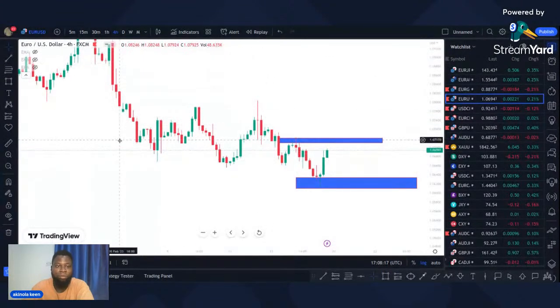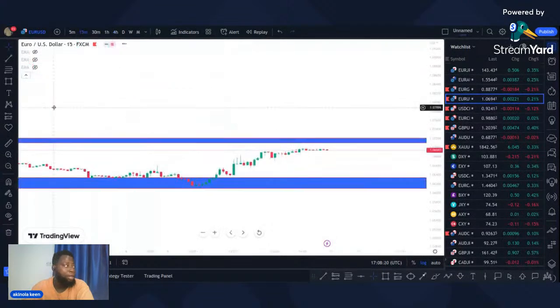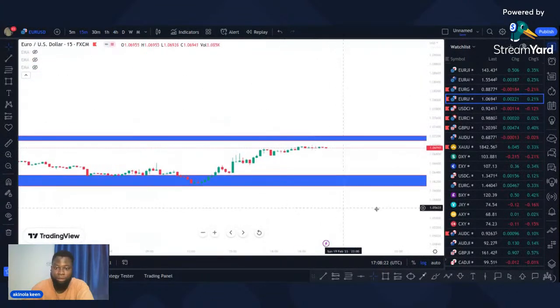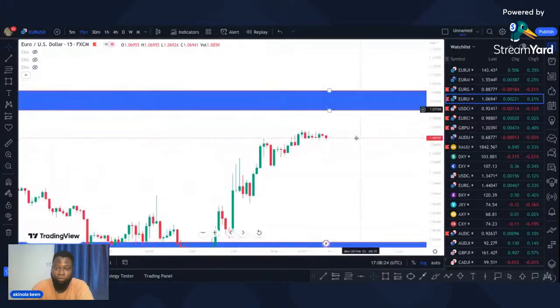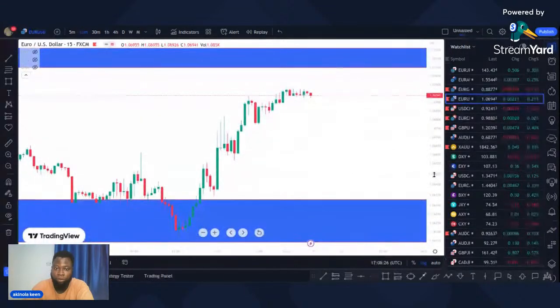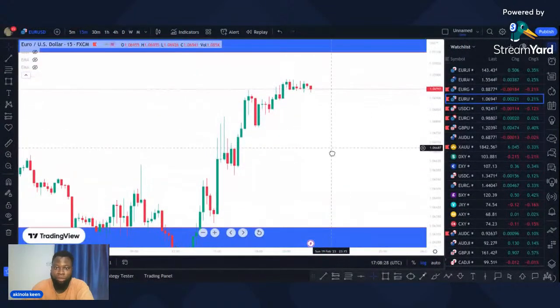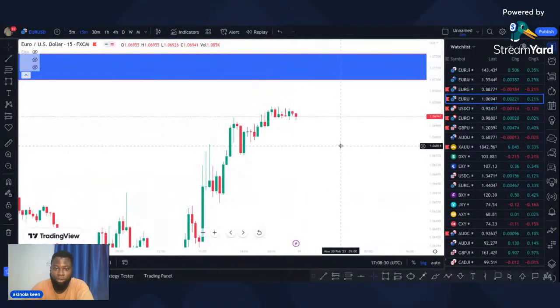Let's see the 15 minute time frame. We can actually pick something there. So this is the 15 minute time frame. If I'm going to trade this on the 15 minute time frame, I'll be trading these level breakouts.